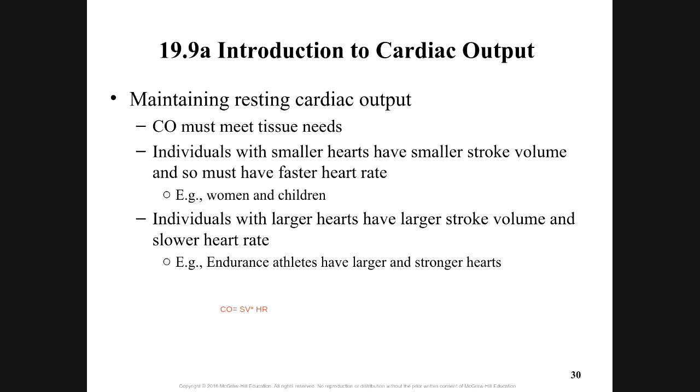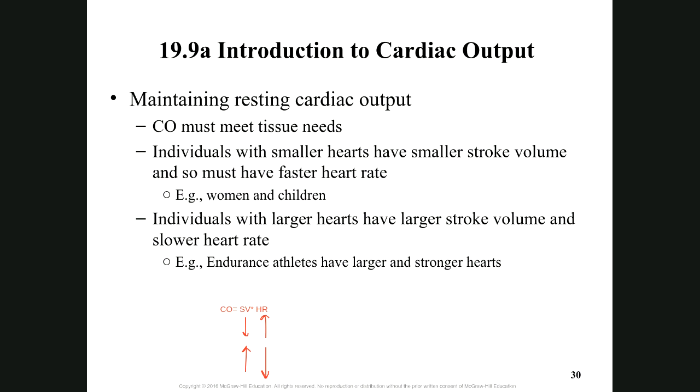So the stroke volume comes down. Instead of that, the heart rate should go up to keep our cardiac output constant. And individuals with a larger heart have a larger stroke volume. So when their stroke volume increases, their heart rate goes down to maintain again the cardiac output in the normal range.